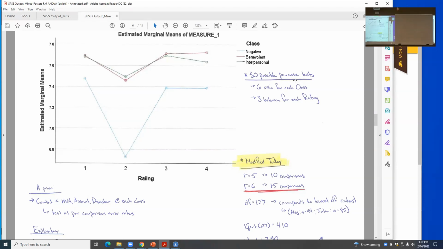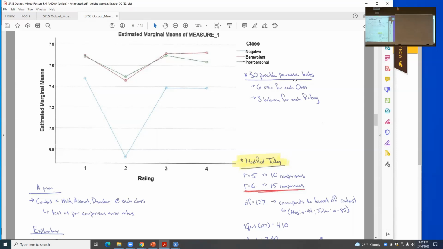And then for each vignette, I have 3 possible comparisons: 1 to 2, 1 to 3, 2 to 3, and I've got that 3 times. So a total of 30 possible pairwise comparisons that we could pull from these data. Okay.